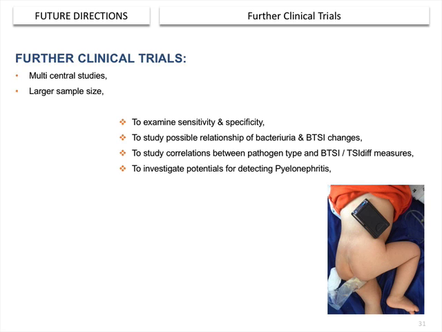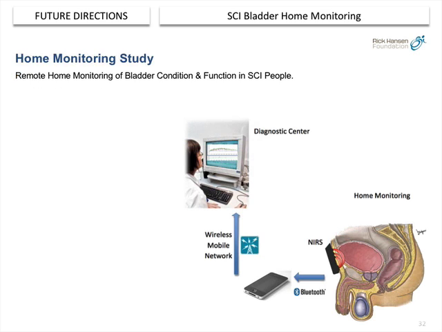Might be something very interesting. Also, we started to think about how we can use the same technology to look at pyelonephritis. We did some subjects to show the feasibility. We could easily show the difference between both sides, comparing the other measurements. But this is a project for the future.